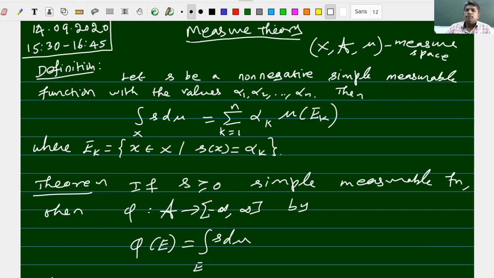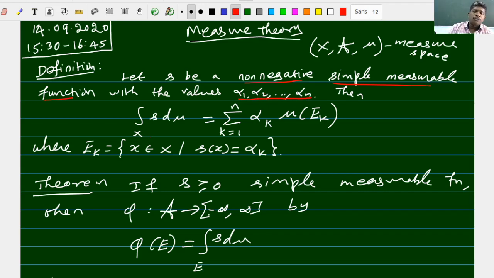So we are discussing integration of non-negative simple measurable functions. We recall the definition of the integral of a simple non-negative measurable function. The function is simple if it has only finitely many values, namely alpha 1, alpha 2, ..., alpha n.